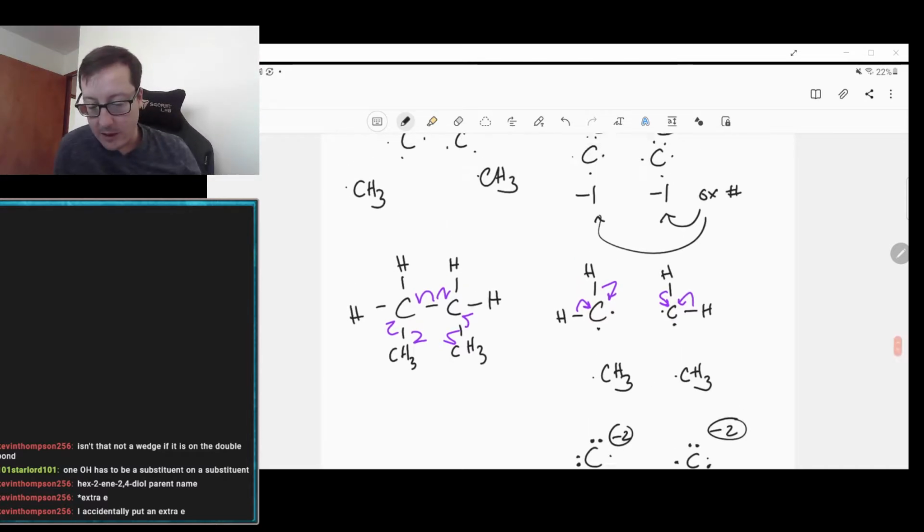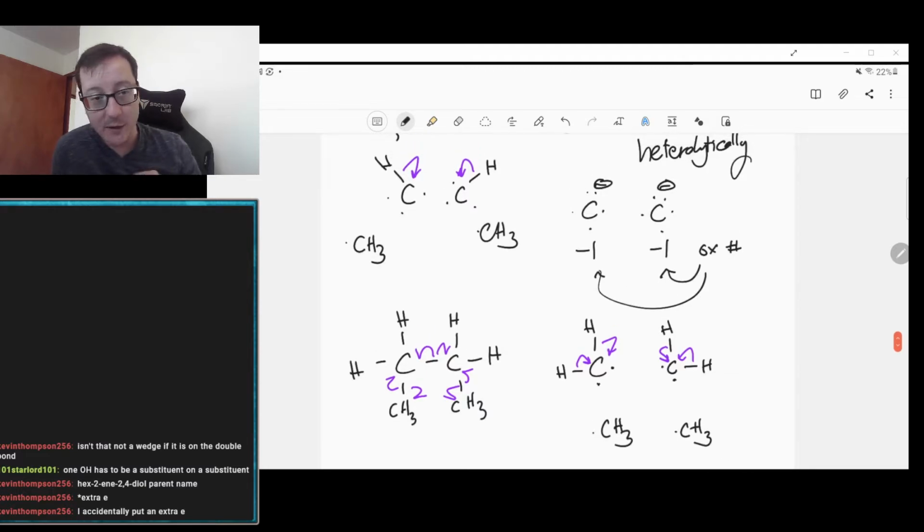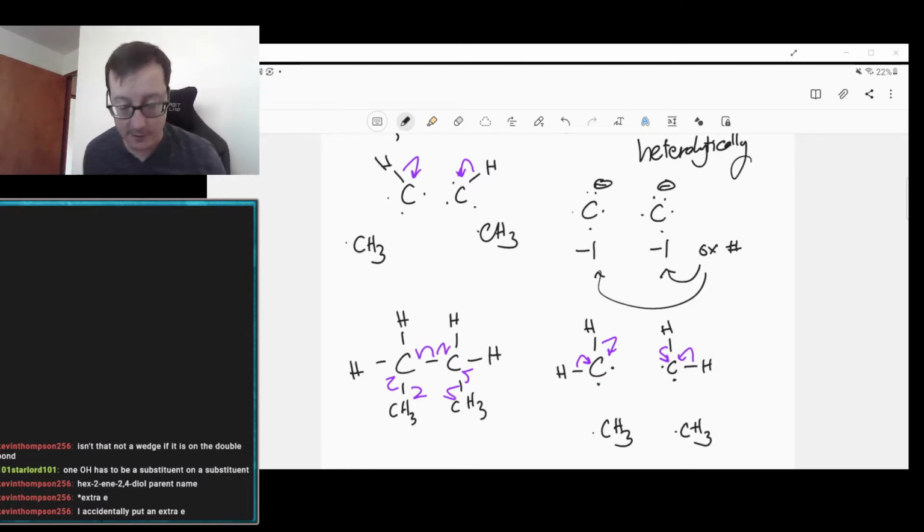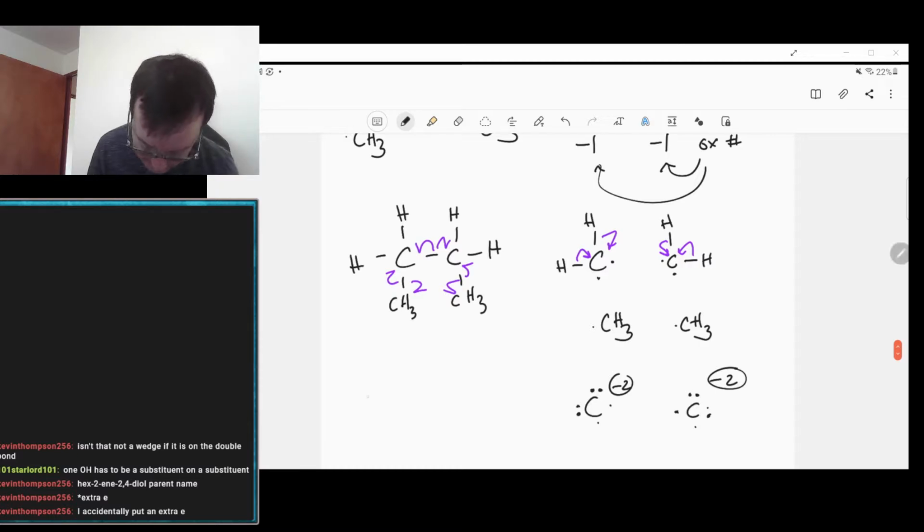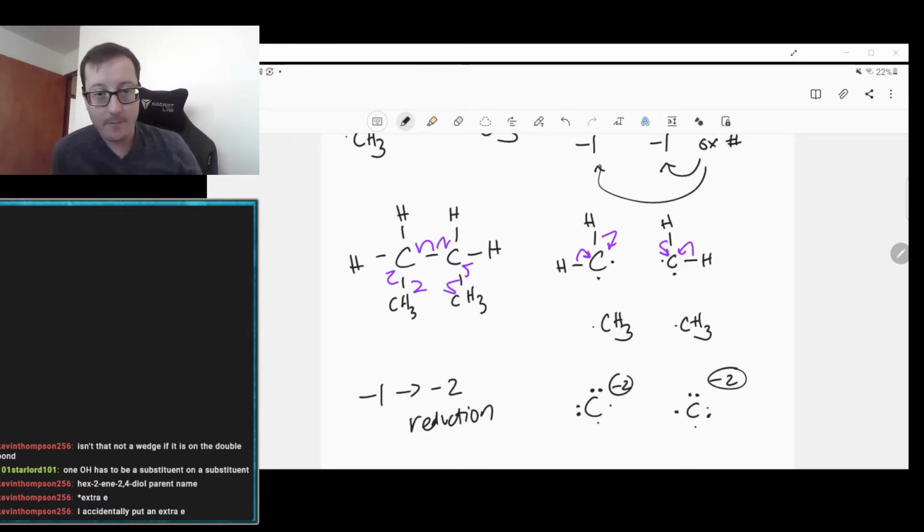And so we have gone from an oxidation number of -1 to an oxidation number of -2. Both of these carbons have been reduced. They have gone lower in oxidation numbers. This is reduction. All right, and the hydrogen would be the one that's being oxidized.